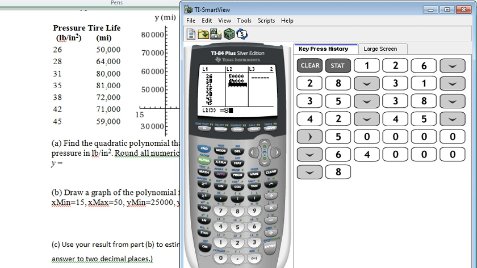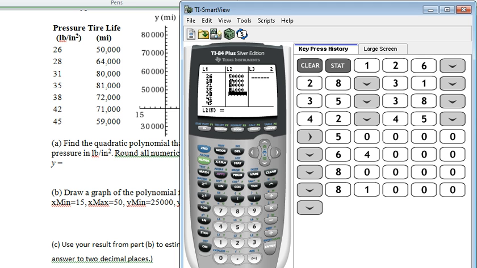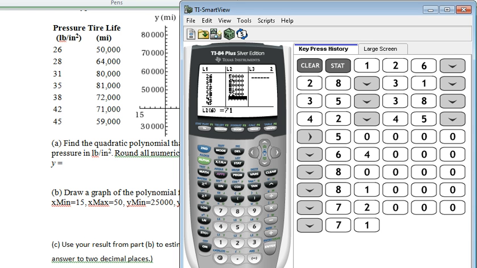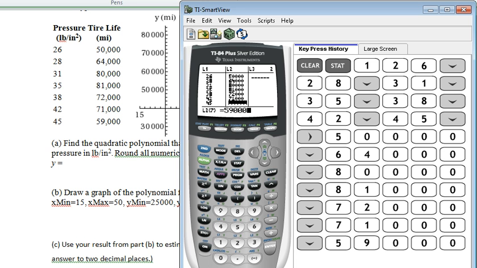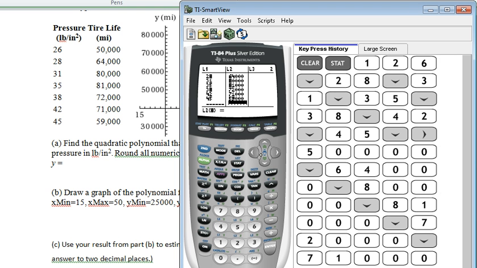Miles, 80,000. 81,000. 72,000. 71,000. And 59,000. Just checking the data. I think we're good.